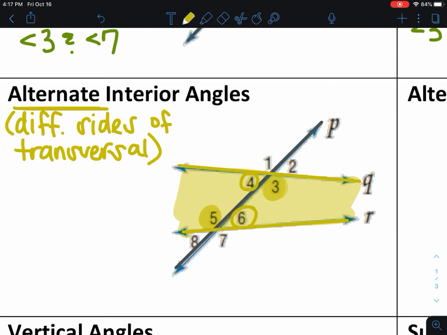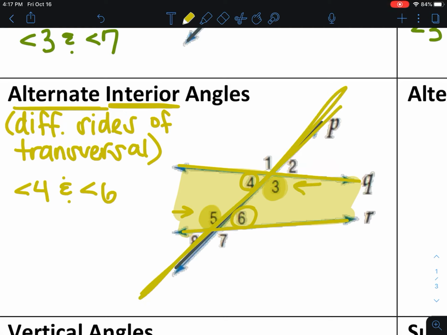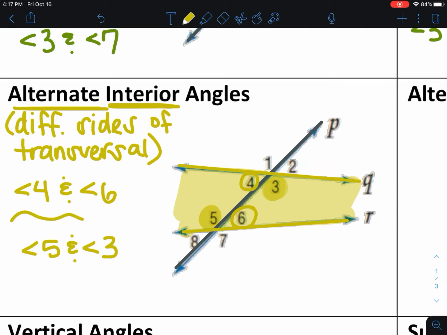And then they're also on the inside, the interior of the two lines. So angle 4 and angle 6. And then you'll also notice that angle 5 and angle 3 are on opposite sides of the transversal. Remember, this line is the transversal. So those two are examples of alternate interior angles.